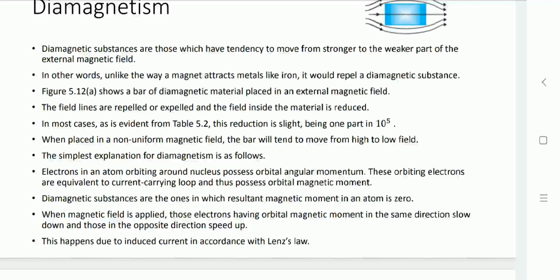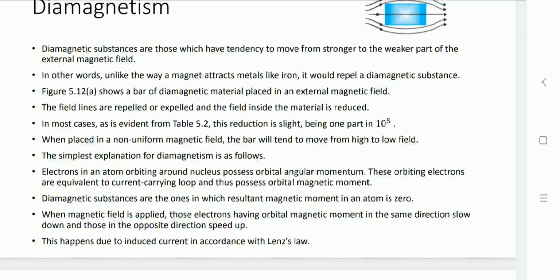Now when a magnetic field is applied to this atomic structure, the electrons whose orbital magnetic moment is in the same direction as the magnetic field will be slowed down.